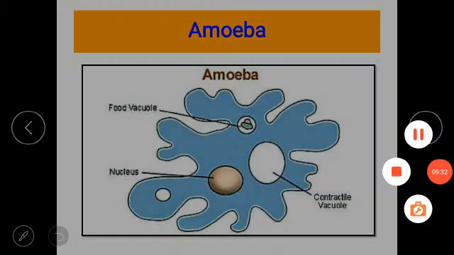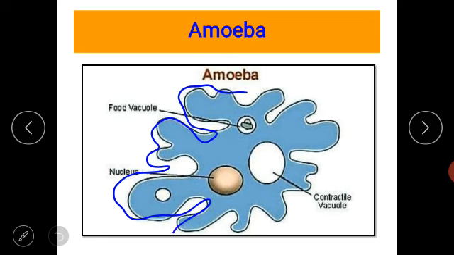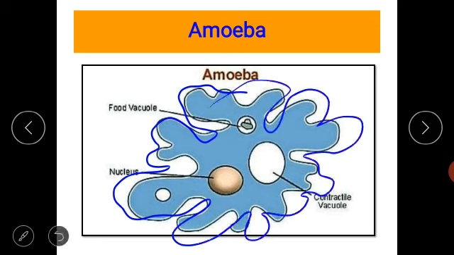So this is amoeba. Here you can see it has a large surface area, as you can see in the image. This is the large surface area and it is a zigzag pattern.